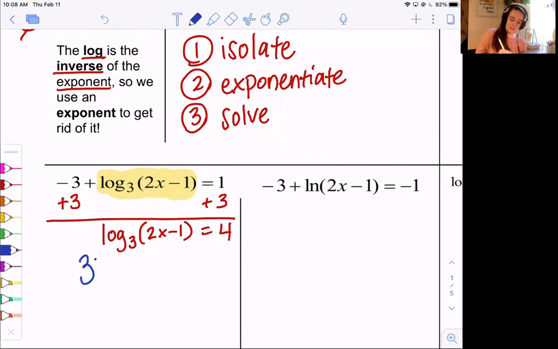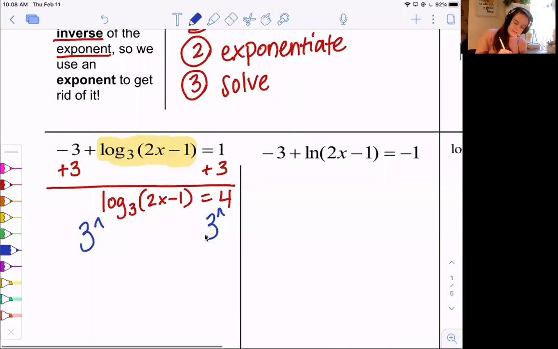So I have 3 to the power of this side of the equation is equal to what I do on one side, I have to do on the other, 3 to the power of that side of the equation. So basically what I have here is 3 to the power of log base 3 of 2x minus 1 equals 3 to the power of 4.